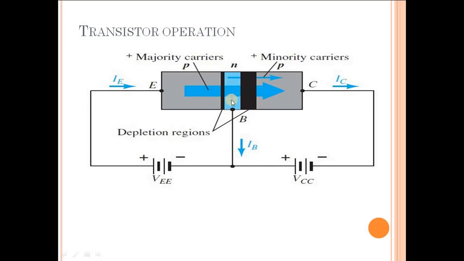We are already aware of the construction of a BJT, and we already know that the BJT has a very thin base layer, and the doping concentration of the base layer is also very less, so it offers a very less conductive path through the base terminal.